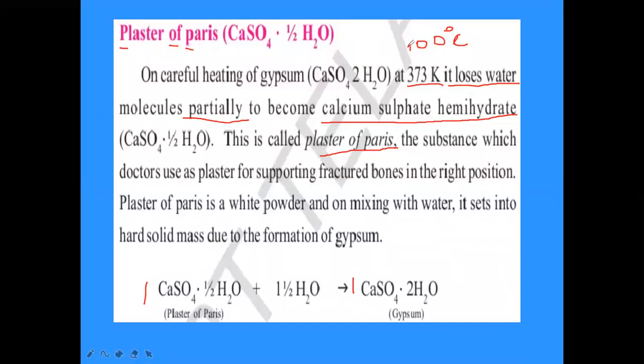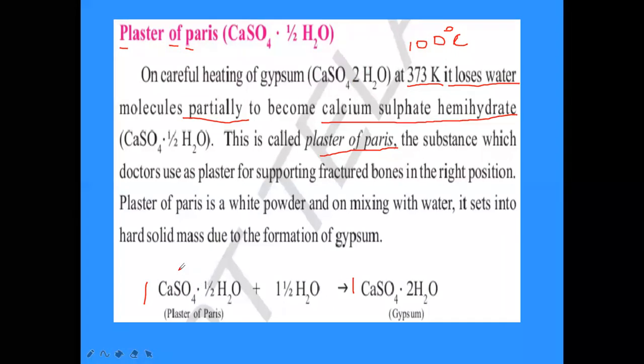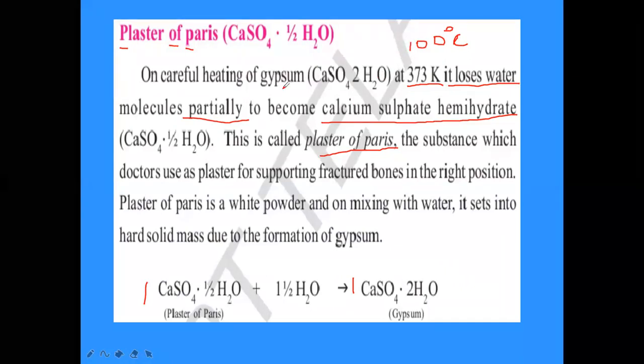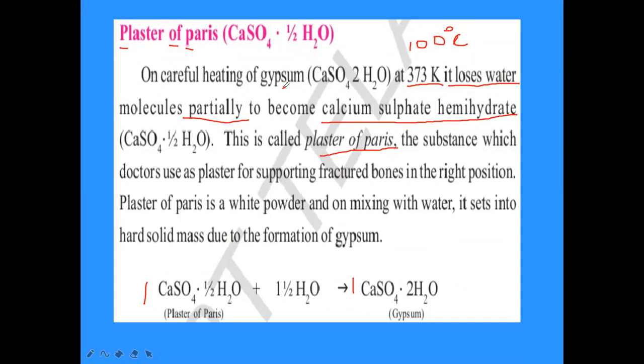But when gypsum is heated above 100 degrees Celsius at very high temperature, it will convert into a form which cannot absorb water again. If you heat the gypsum at high temperature, that is called dead burnt gypsum. Dead burnt, B-U-R-N-T, gypsum.